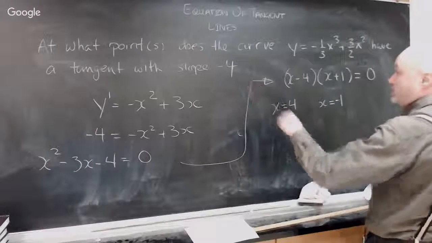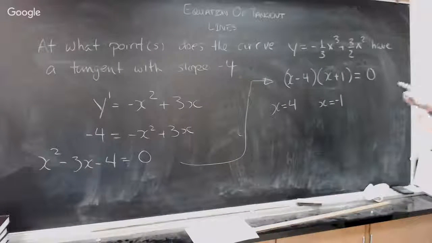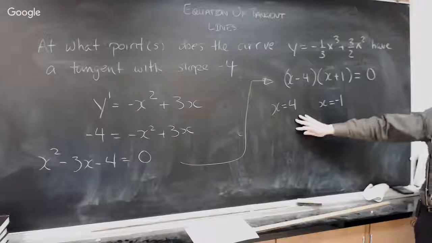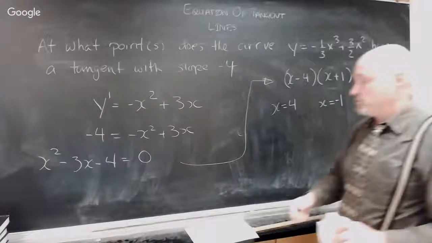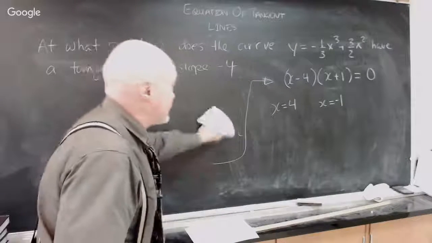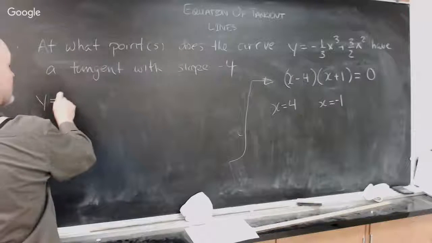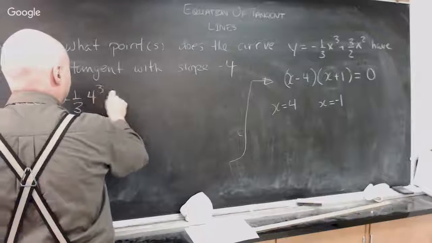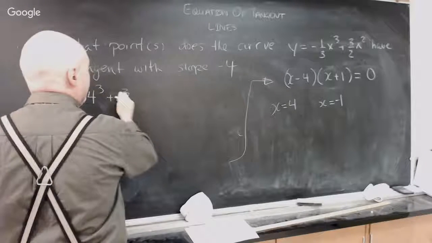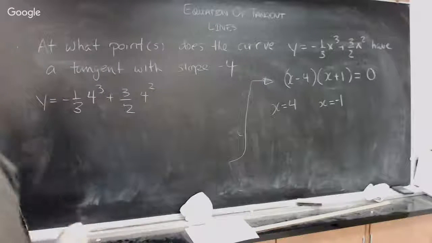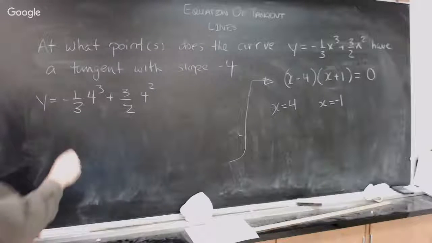So it says at what points does that curve have tangent slope of -4? What we're going to do now is find the y-coordinates just by substituting the x's back in here. Oh my goodness, this is like an x cubed. And so when x equals 4, oh, that's not going to be so bad. 16, 64.